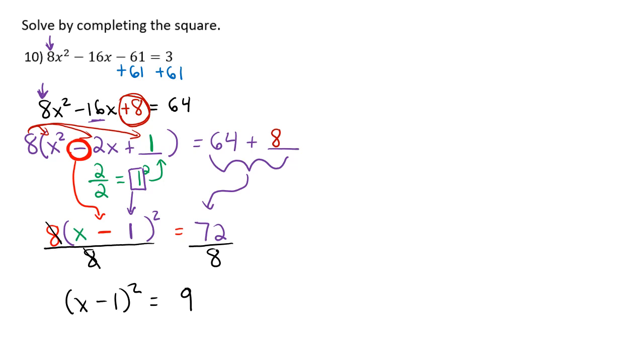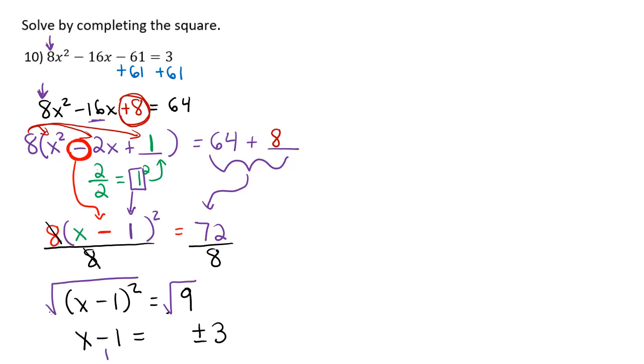We want to get rid of the parentheses with the square by square rooting both sides of the equation. And we're going to end up with x minus 1 equals plus and minus, once again, plus and minus because we square rooted both sides of the equation. The square root of 9 is 3, not square root 3, just 3. Once you've actually done the calculation, that square root sign goes away.